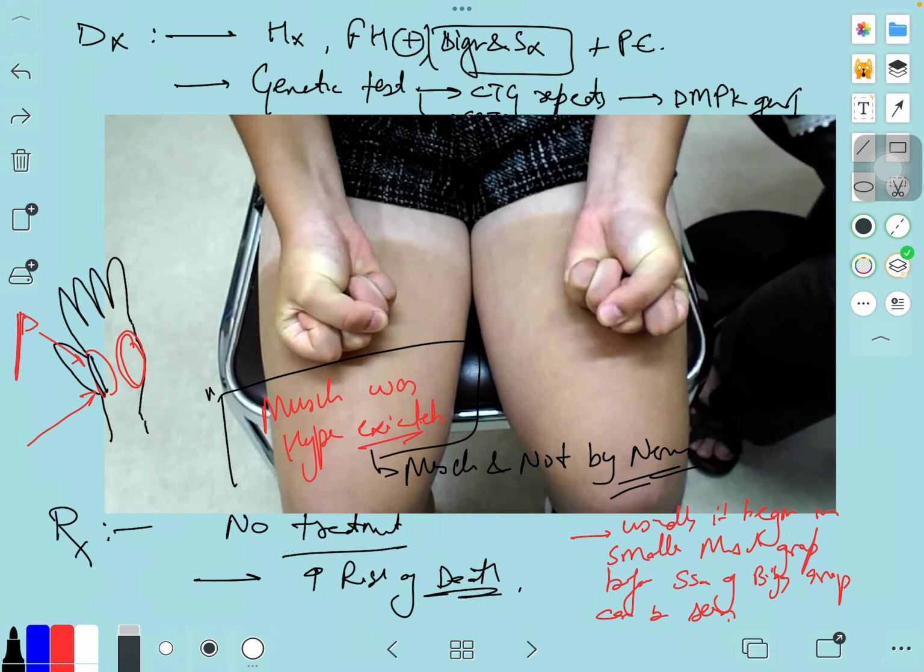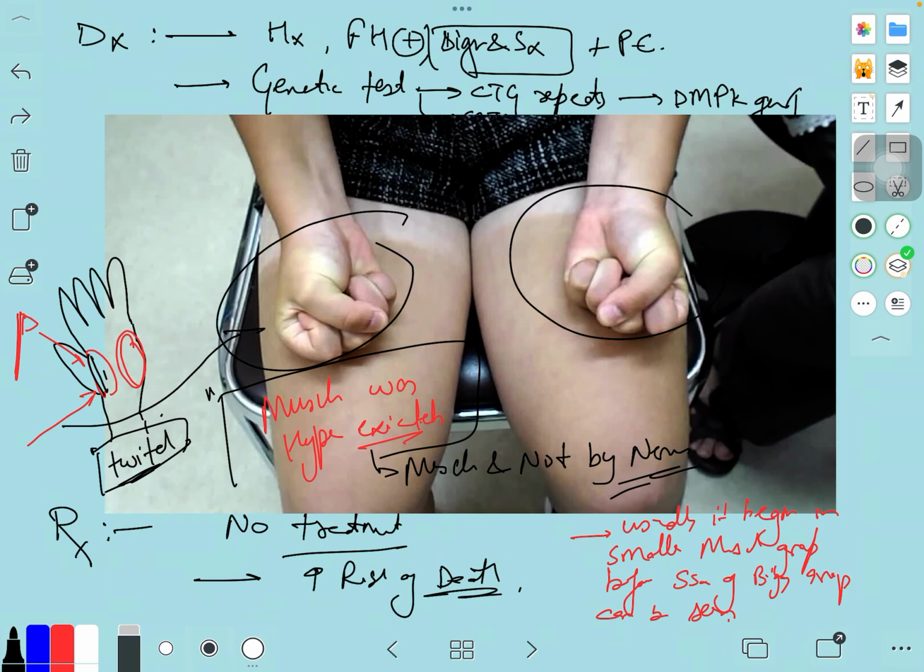Now as we just tapped onto it, these muscles will twitch, and because of membrane instability, it will remain in this twitch state for a longer period of time, and this will cause these symptoms: contraction of the hand. This picture just refers to the hand, the same thing goes for every muscle group.